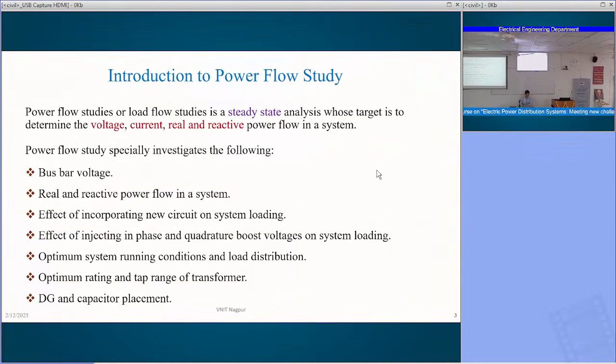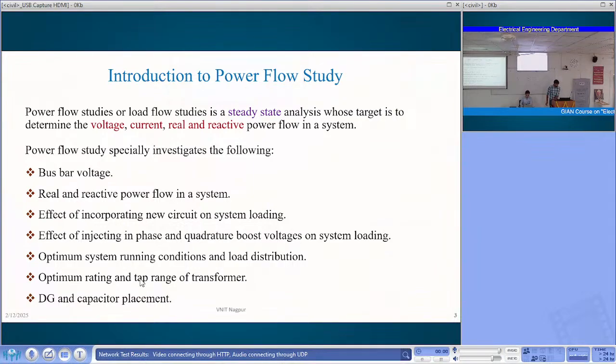Now coming to power flow studies or load flow studies, we can say it's a steady state analysis whose target is to determine voltage, current, real and reactive power flow in a system.